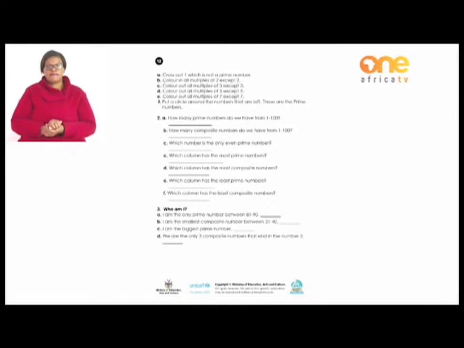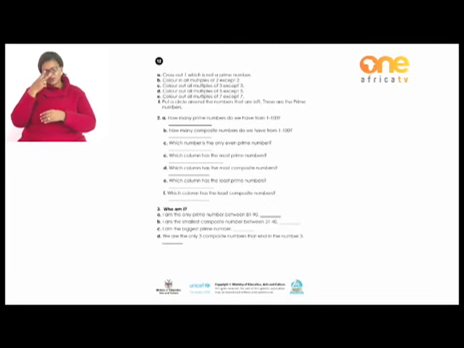Okay? All right, I think that should be easy for you to do if you have done your table correctly. Take your time and study the table thoroughly. Okay? Now, number 3 is Who Am I? This activity has to do with identifying the number.